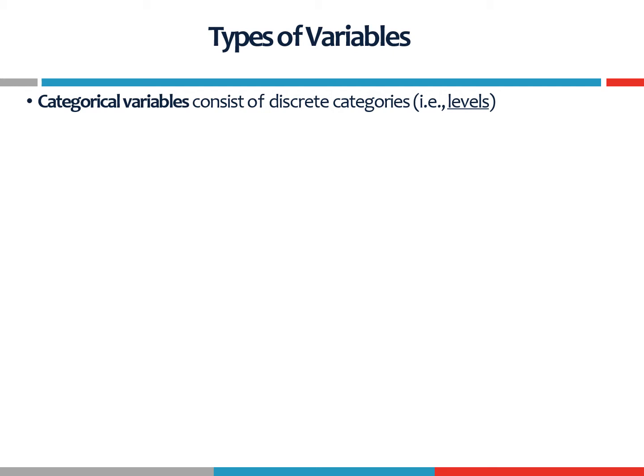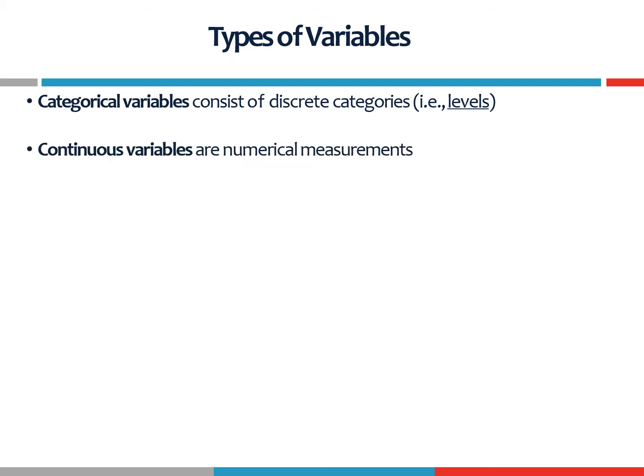And by discrete, I mean non-overlapping categories, or another way to think about it is different levels. So again, male or female, Democrat versus Republican, eye color, for example, maybe blue, green, brown, etc. Okay, so discrete or non-overlapping categories.